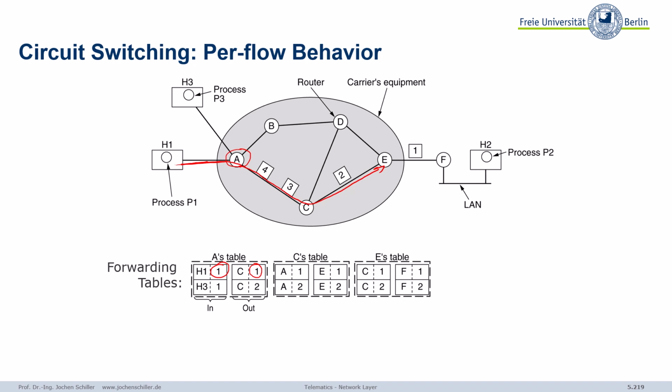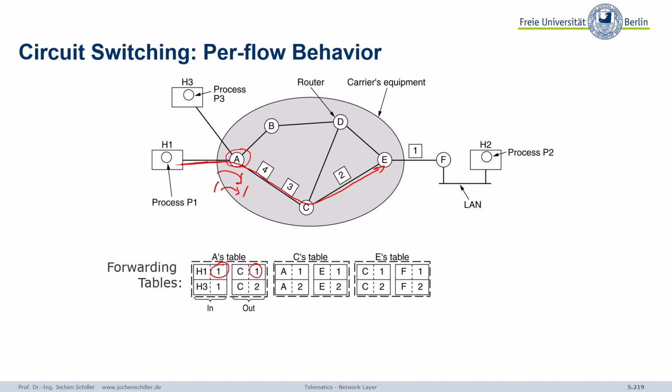So we not only determine certain paths, but we also say, okay, if traffic comes in from H1 with a certain label 1, we forward it to C and map label 1 also to label 1 in this example. Does this make sense?